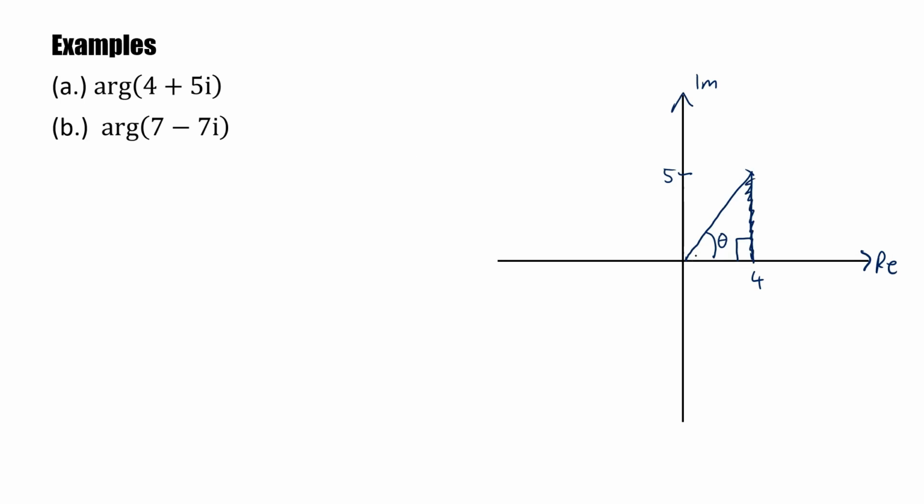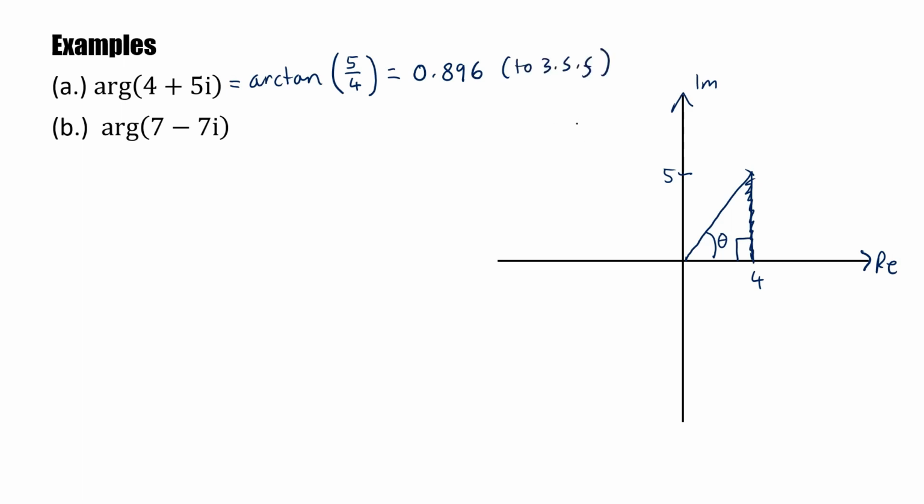We know the adjacent is 4 in length, so therefore it's just going to be arctan that can be used to help us find what that angle is. So arctan of opposite over adjacent, 5 over 4. Type that into the calculator and you will get an answer of 0.896 to 3 significant figures. And therefore, that is the argument done.